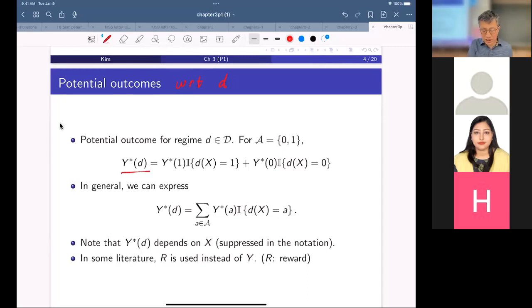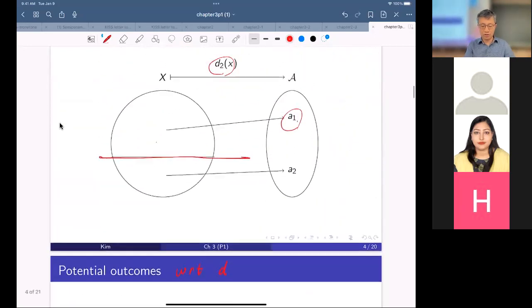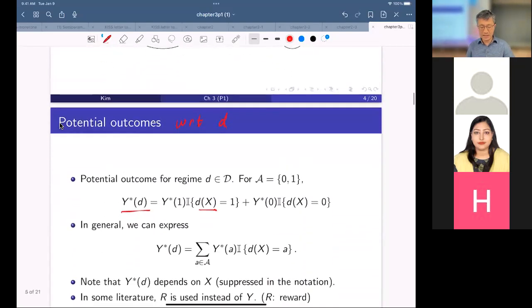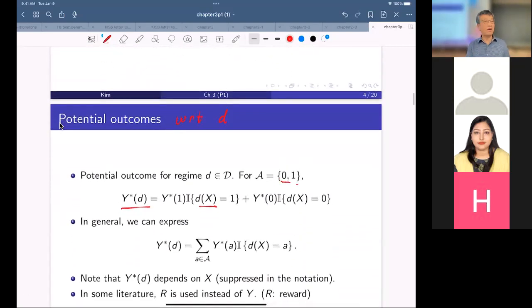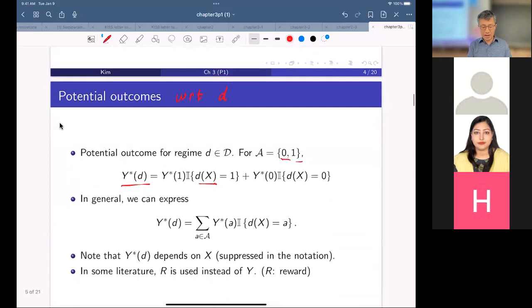Suppose this is my rule. Using this rule, I can give either 0 or 1, okay? Based on my rule, given the rule, I can obtain either y star 1 or y star 0.